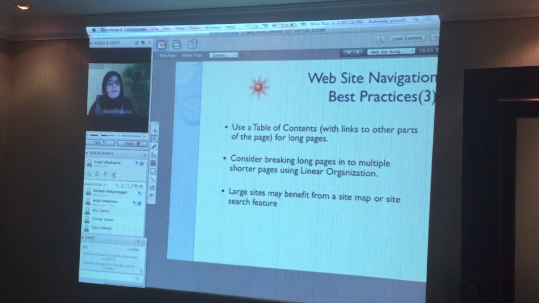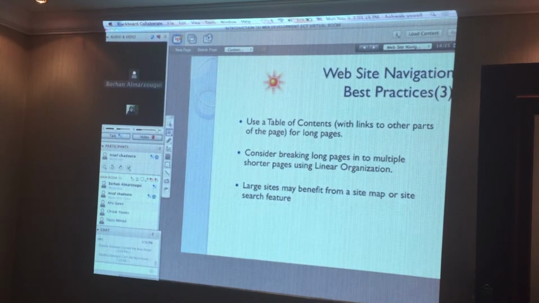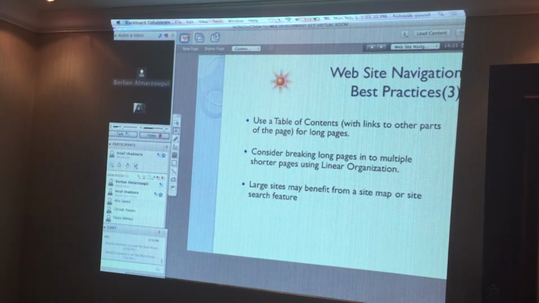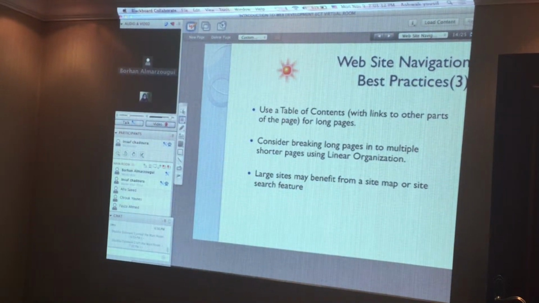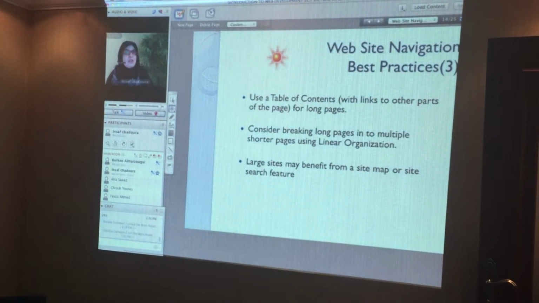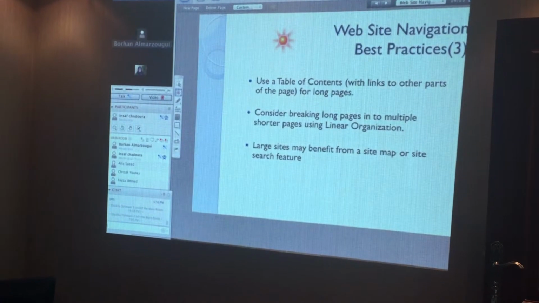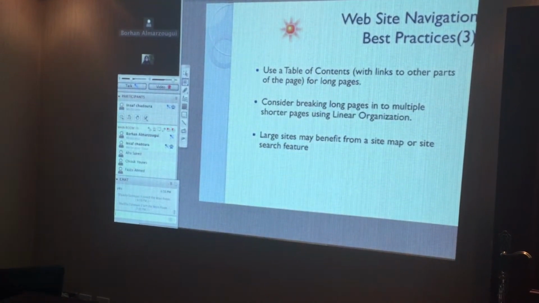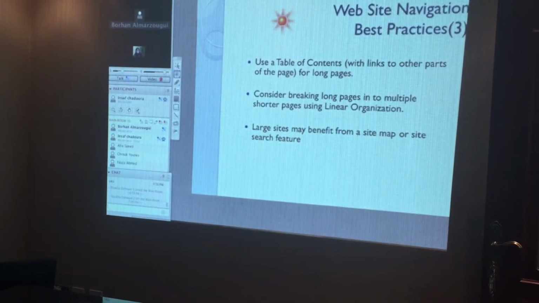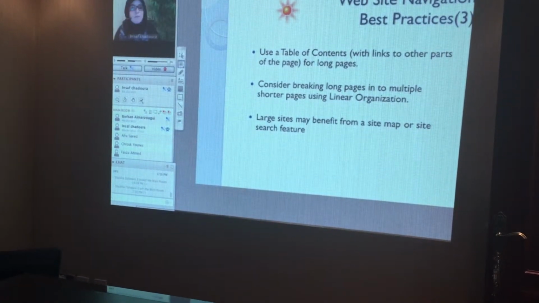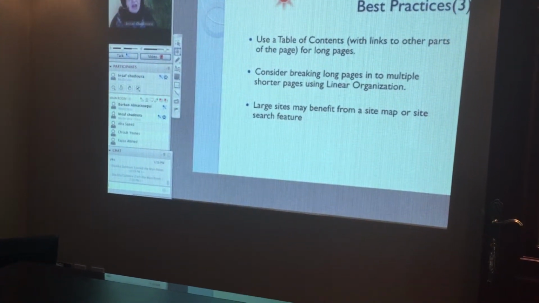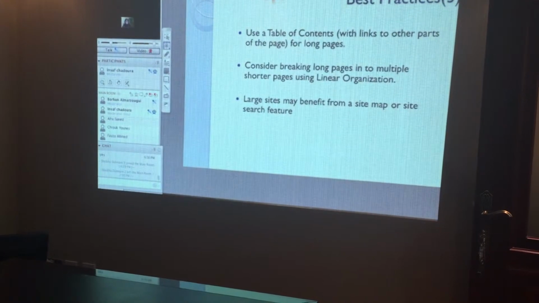Use a table of contents with links to other parts of the page for long pages. Consider breaking long pages into multiple shorter pages using linear organization. Large sites may benefit from a site map or site search feature.